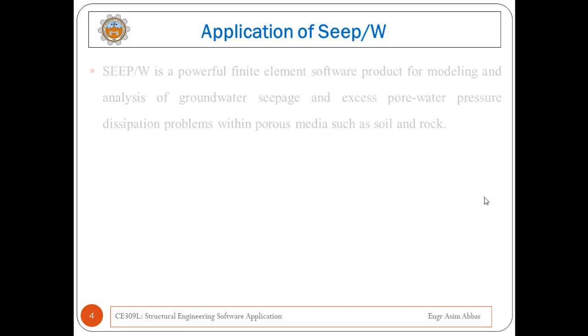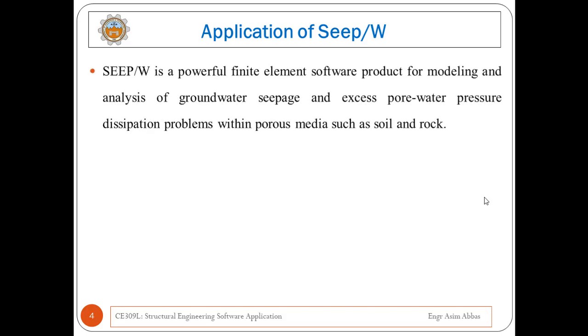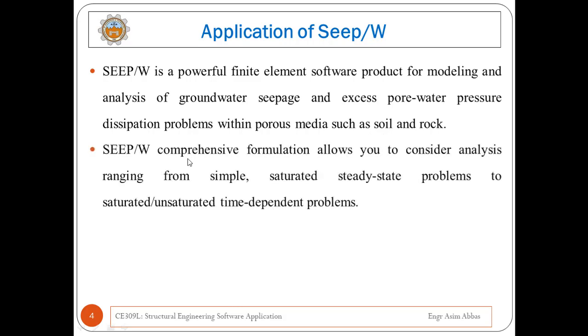Application of Seep. Seep is a powerful finite element software product for modeling and analysis of groundwater seepage and excess pore water pressure dissipation problems within porous media such as soil and rock. Seep's comprehensive formulation allows you to consider analyses ranging from simple saturated steady-state problems to saturated-unsaturated time-dependent problems.